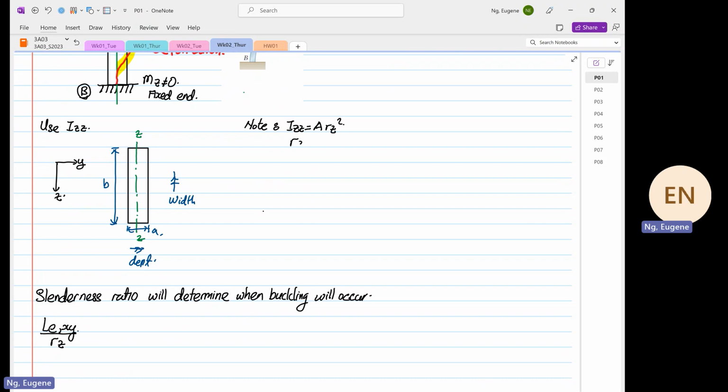So we know that RZ is equal to the square root of IZZ over A. Okay, so that's how we define it. So we have to ensure that we have the optimum design. We have to ensure that the slenderness ratio in the XY plane will be equal to the slenderness ratio in the other plane.